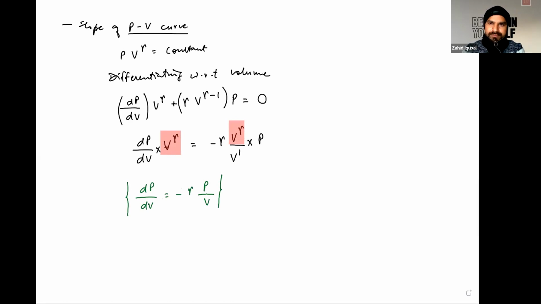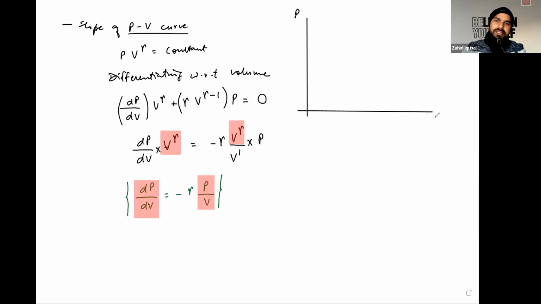Now, since this slope is proportional to gamma, the greater the value of gamma, the more stiffness it will have. Let's say this is pressure versus volume. The first graph will be this. For some other gas, it will be this. And for some other, it will be this.